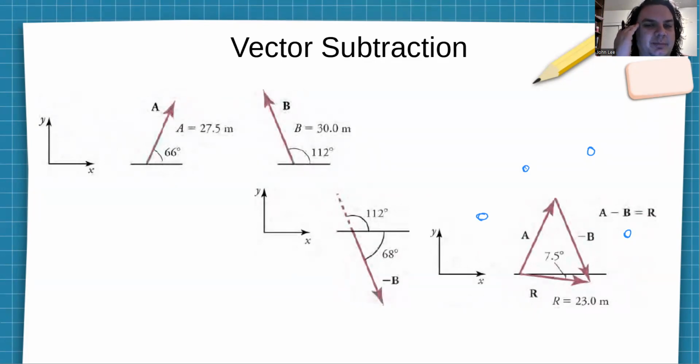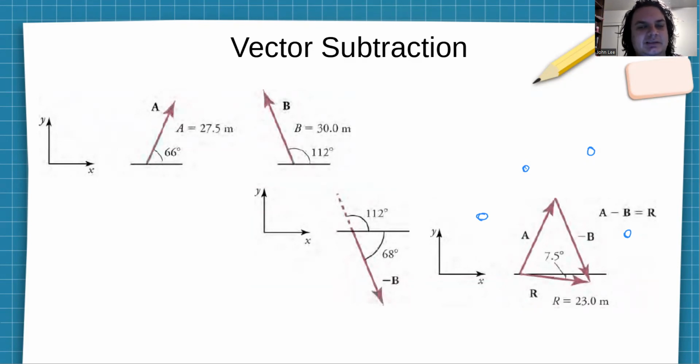B is pointing up and to the left. But because you're subtracting B, you take negative B. You point B in the opposite direction. You make it so that the arrow is the same length but pointing in the opposite direction. And you add these two vectors together.